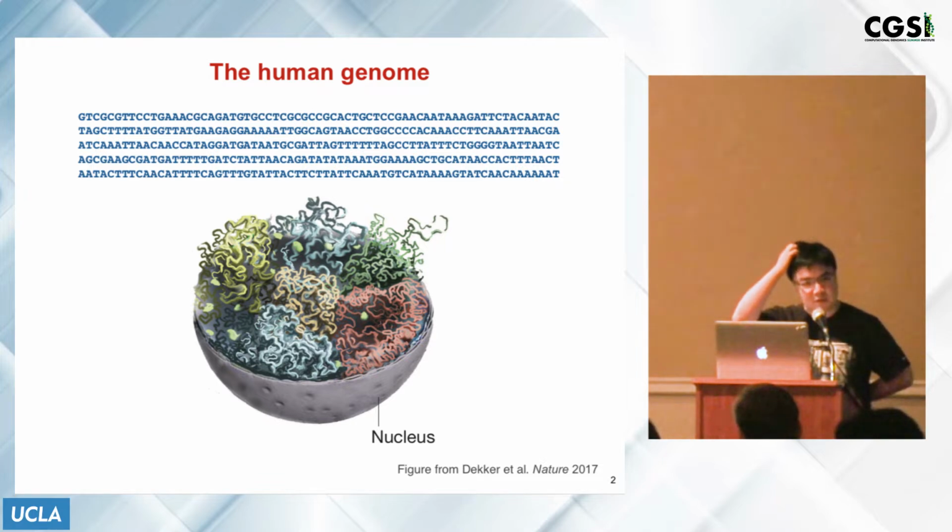But this human genome, if you linearly stitch all the chromosomes together, is about 5-6 feet long on average. But it is actually within the cell nucleus, which is about 5 micrometers in size. So all these chromosomes are packaged and folded into the cell nucleus.